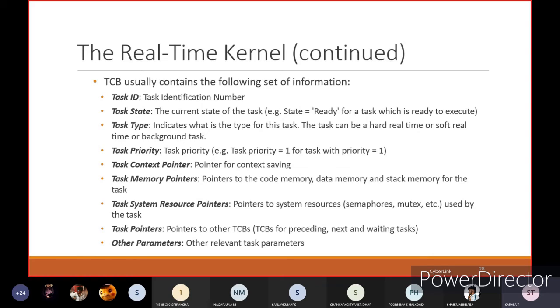Soft real time: if I am taking a time slot of 10 microseconds, and the task execution takes more than 10 microseconds, which won't affect the system or the overall industrial environment, then it comes under soft real time.